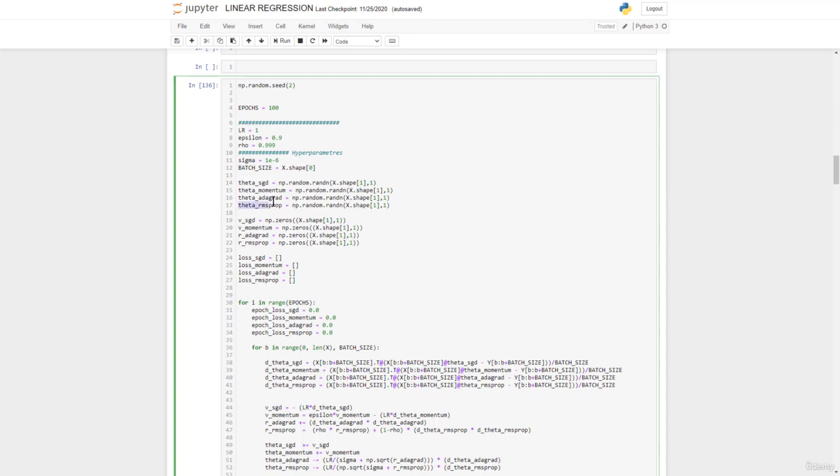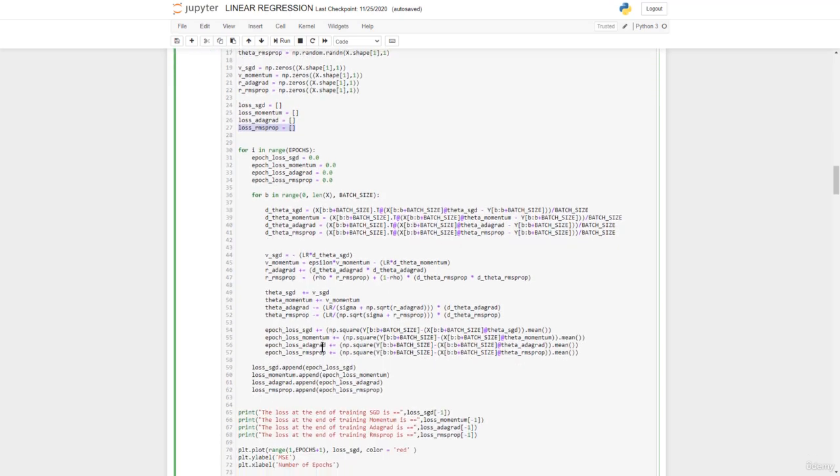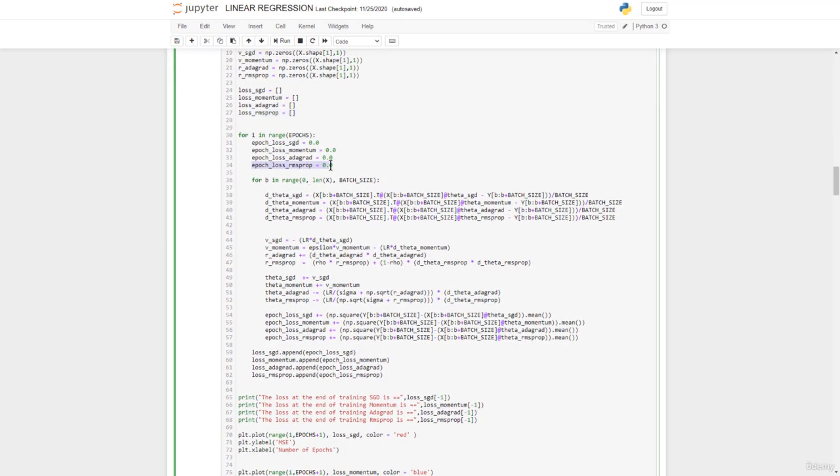Here we have theta RMSprop, we have R RMSprop, we have the loss RMSprop, and then the epoch loss. Then theta RMSprop based on theta RMSprop, R RMSprop, which is rho times R plus 1 minus rho times d theta times d theta.